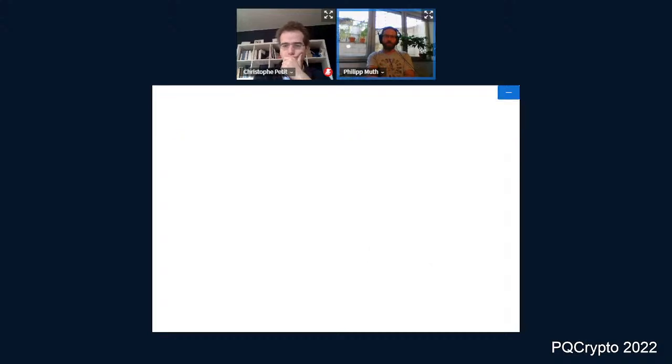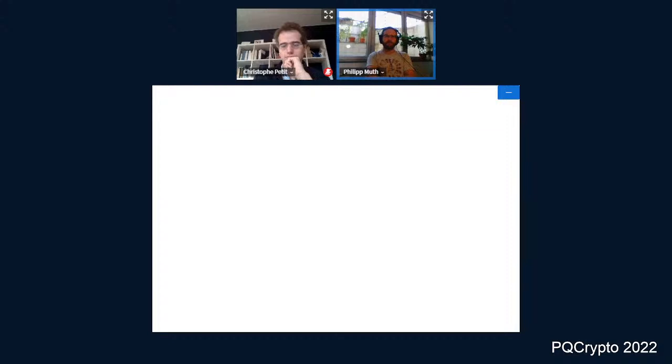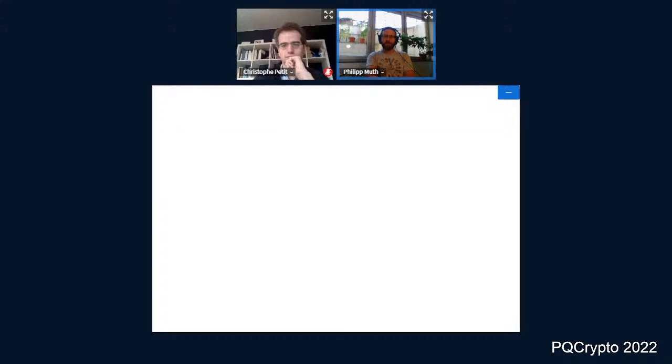However, we consider a context in which the secret key is not held by a single party, but is shared in a secret sharing scheme. When an authorized set of shareholders gets a ciphertext C as input for the decapsulation, they fix a turn order and one after the other apply their respective share to the ciphertext in a round-robin fashion.